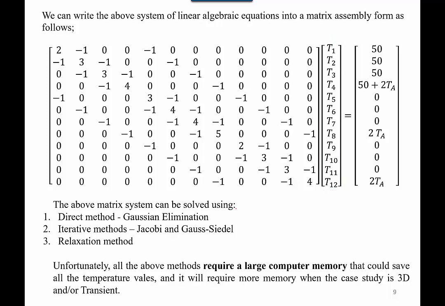We have 3 methods to solve it: either the direct Gauss elimination method, or the iterative methods, Jacobi and Gauss-Seidel, or the relaxation method. But since this is not a tridiagonal matrix, because it has a lower matrix and an upper matrix, it cannot be solved using the TDMA method.